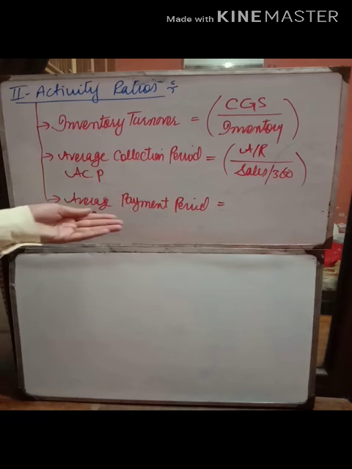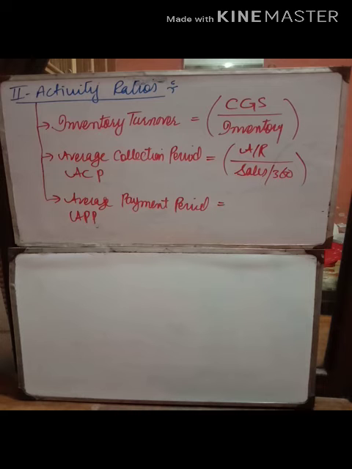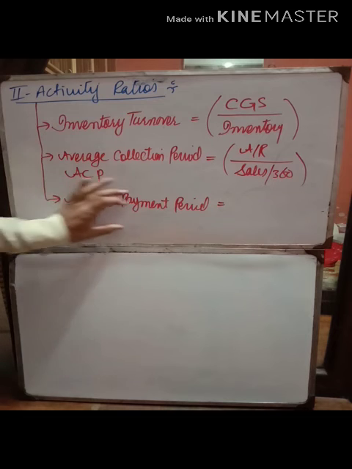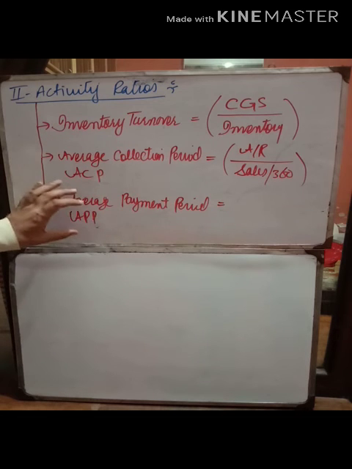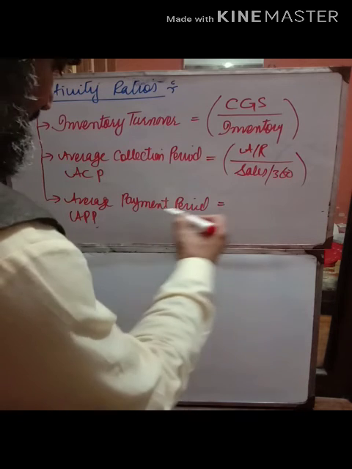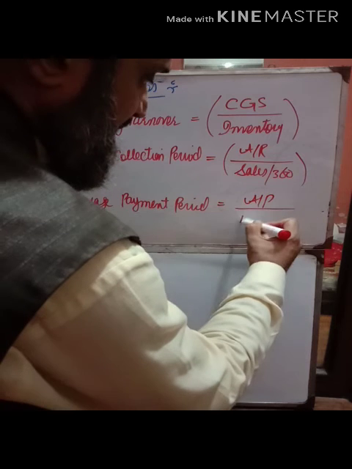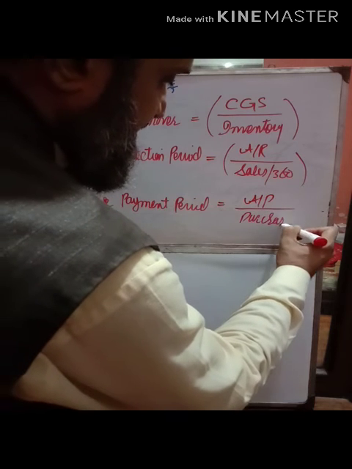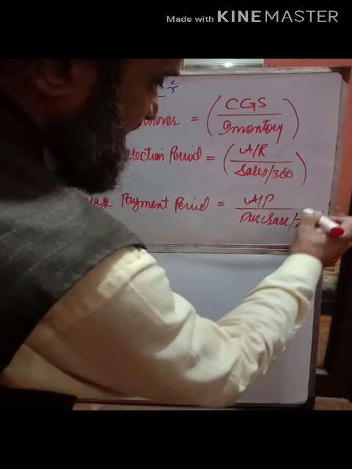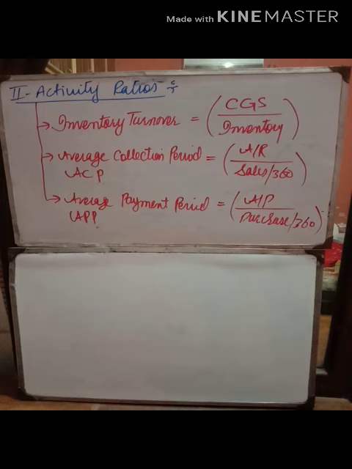In contrast, the average payment period means the number of days required to pay the accounts payable. For calculating the average payment period, we have accounts payable divided by purchases per day. Then we get the average payment period.